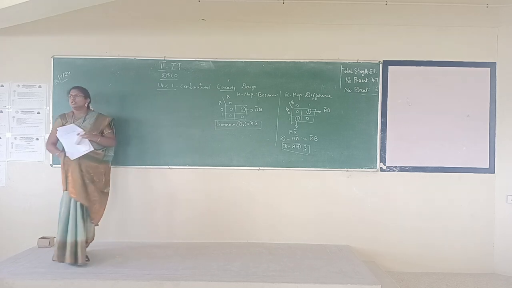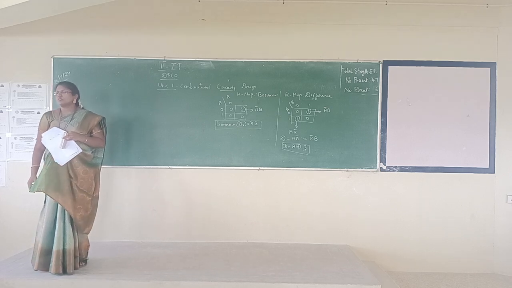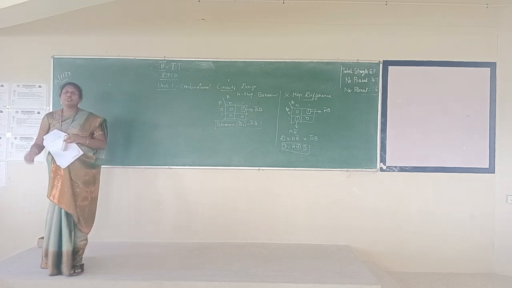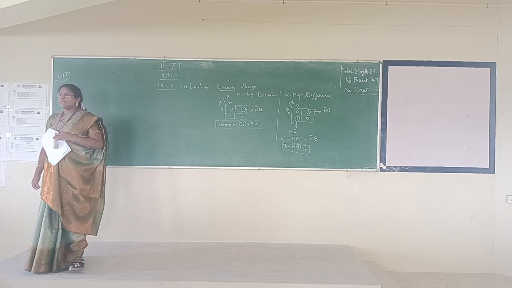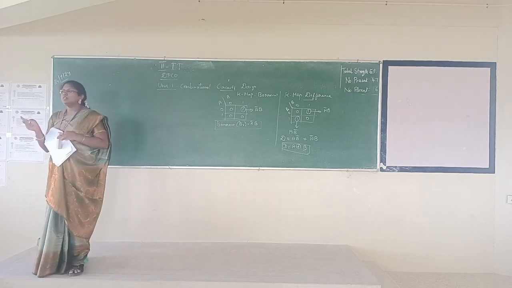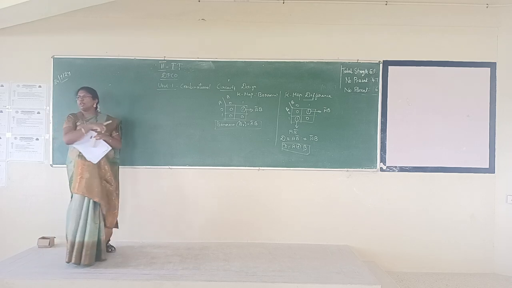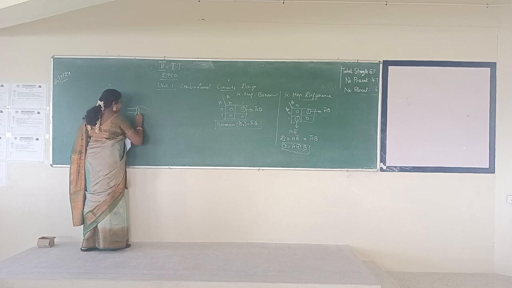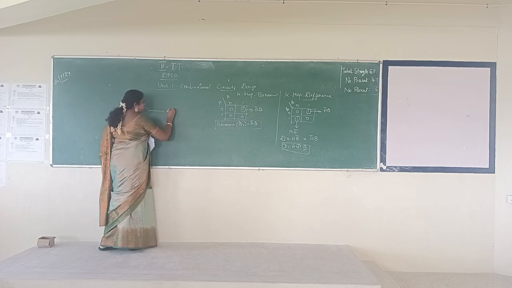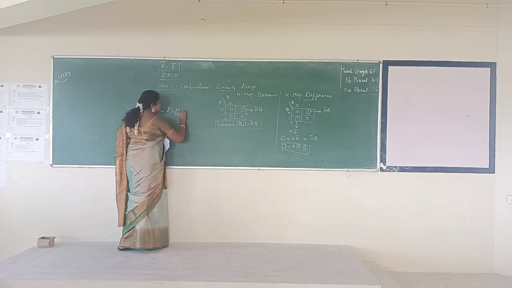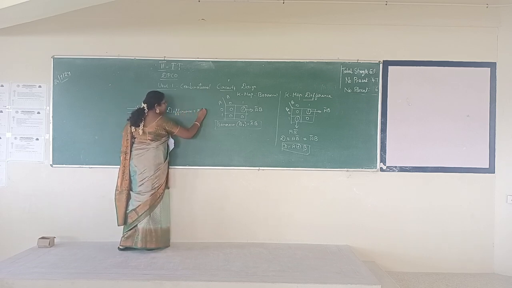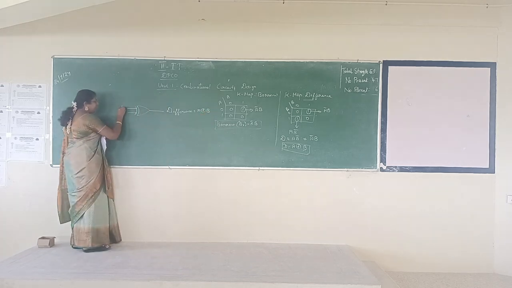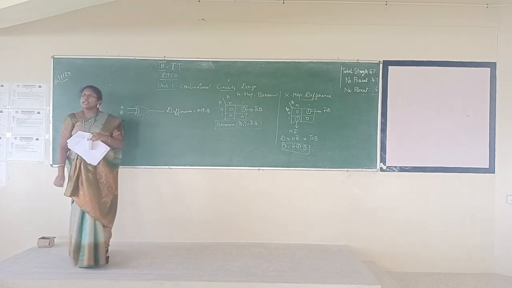Listen to the board, boys. What is the expression for difference? A XOR B. How many inputs are there? Two inputs, so we need a two-input XOR gate. The output is difference, A XOR B, and the inputs should be A and B. Then what is the expression for borrow?